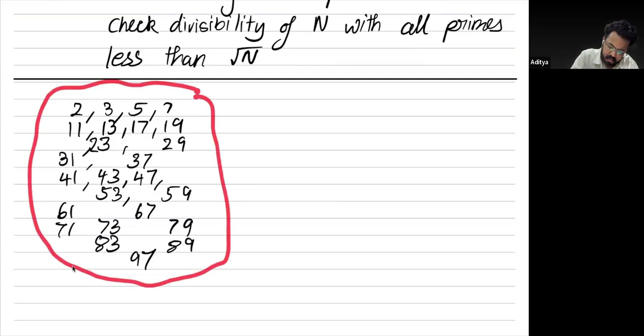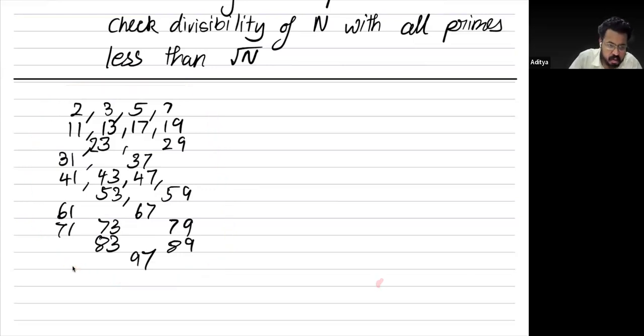These are the prime numbers from 1 to 100.